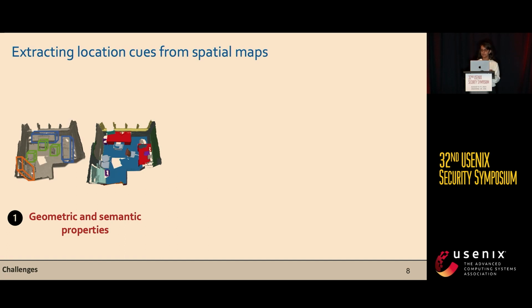So given a 3D spatial map, intuitively an adversary could train a classifier that extracts high-level features such as structural and geometric properties through object detection and semantic segmentation on the spatial map. However, this is challenging as indoor environments of a given type typically vary significantly in their structural and geometric properties. For instance, two bedrooms in a home may be of different sizes and have different objects.